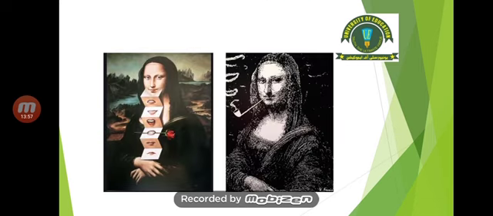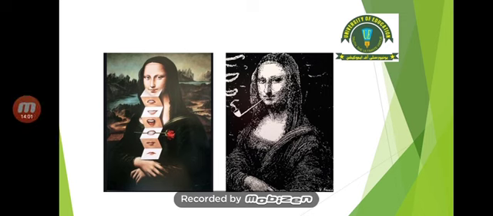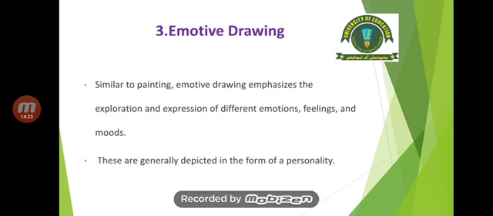Here are other examples of recreated images of Mona Lisa, because it was all about her smile. So here we can see that the artist has played with different smiles of the lady.